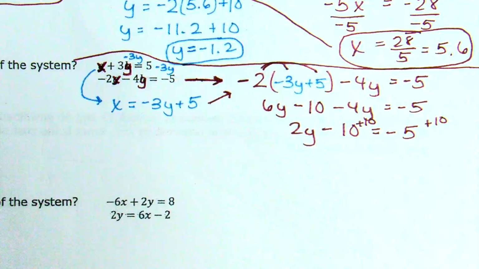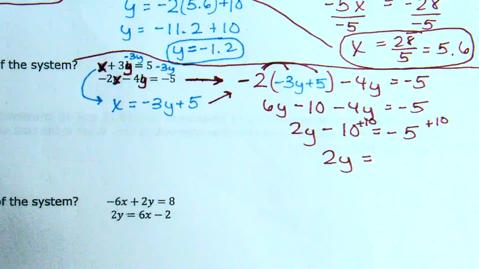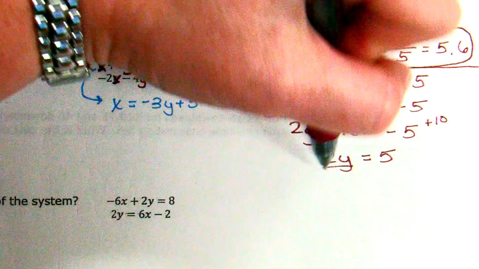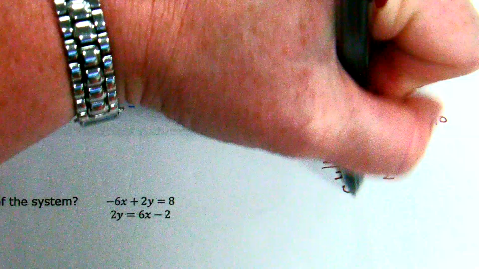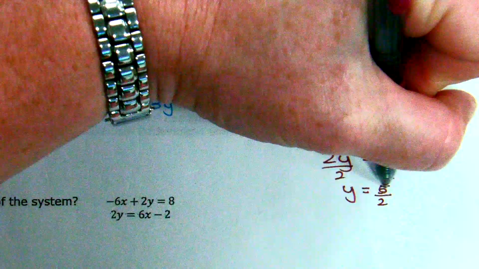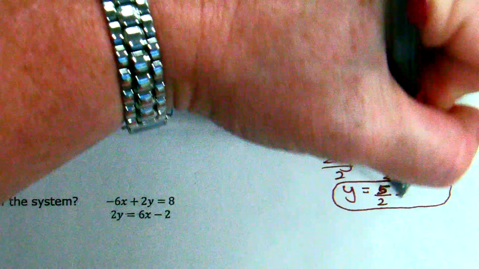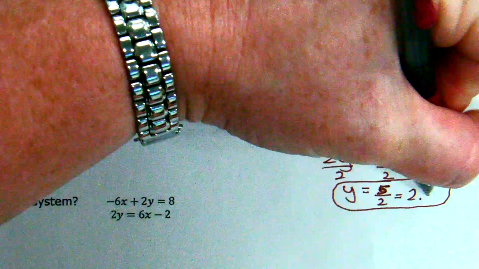This time we are trying to take it to the other side, so that's why we did the opposite. 2y equals negative 5 plus 10, which is 5. And to finish this off, divide by 2. And y is 5 over 2. If that really bugs you, it is 2.5.